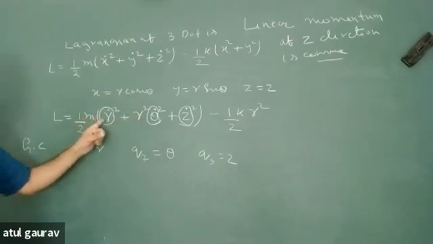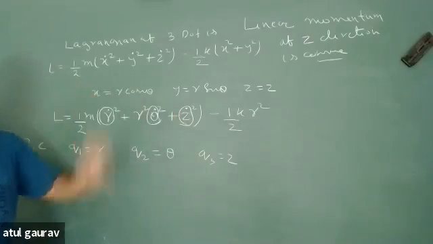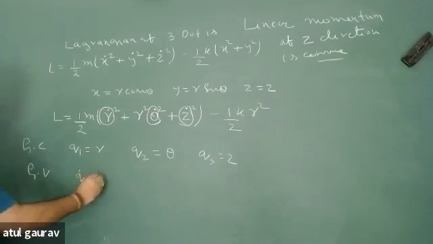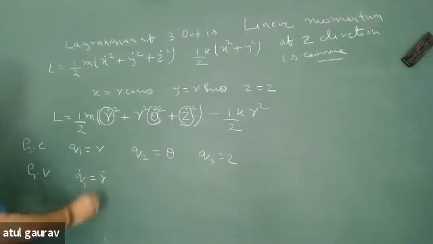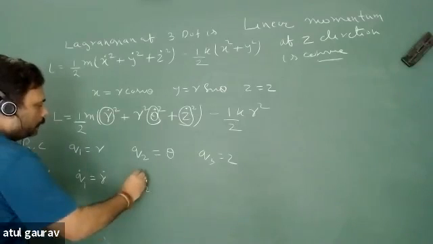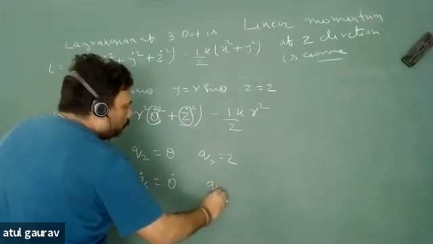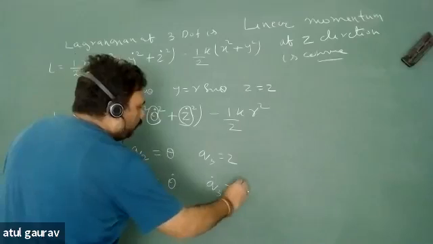What are the generalized coordinates? r, theta and z. Now let's go for generalized velocity. So what is generalized velocity? This is q1 dot, that will be r dot, q2 dot will be theta dot, and q3 dot will be z dot.